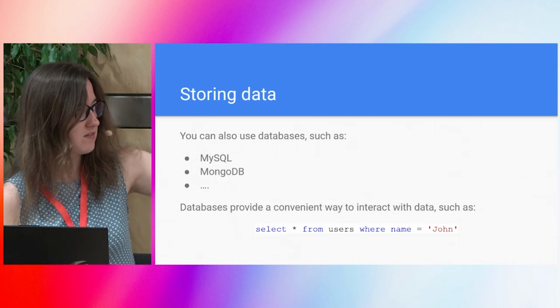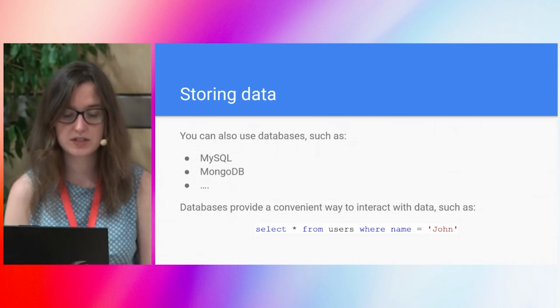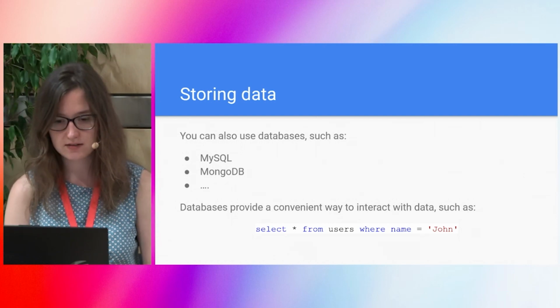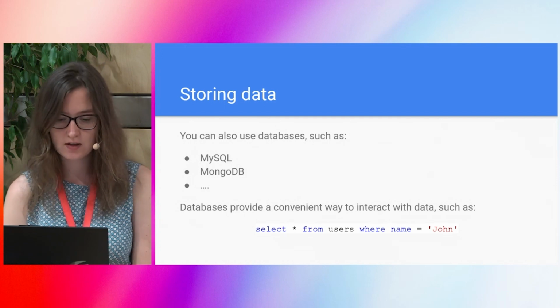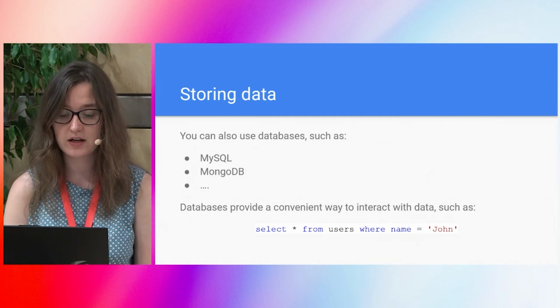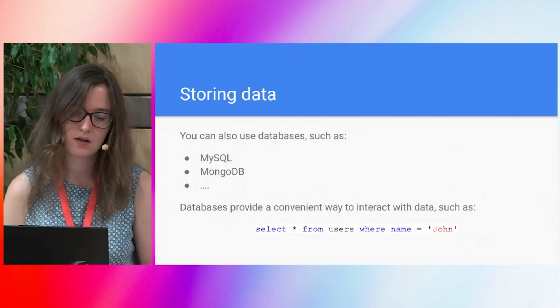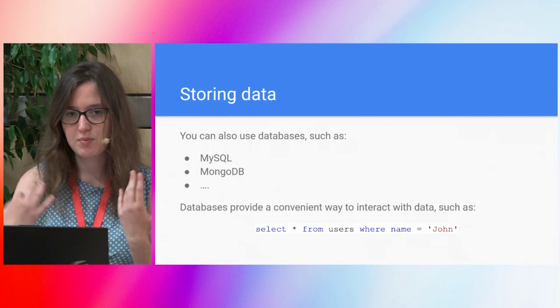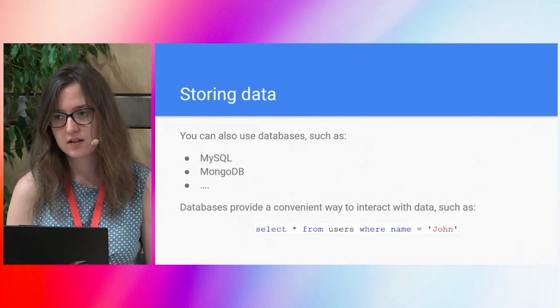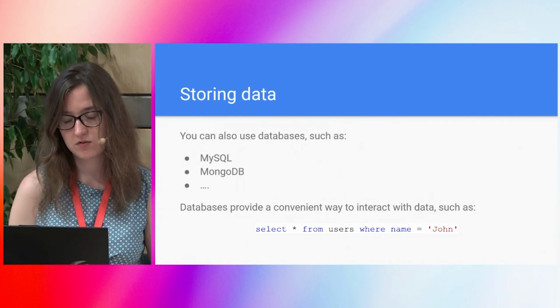For example, you may have a query that asks: select all the data from the table named users, where in the column name there is the string John. So you don't need to load all these terabytes of data into the memory of your computer.